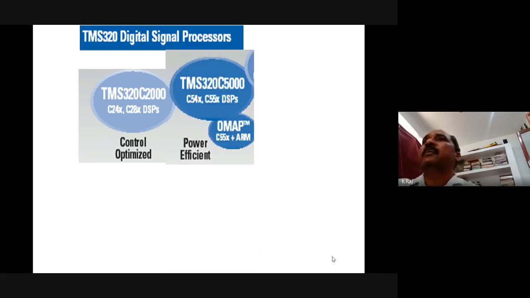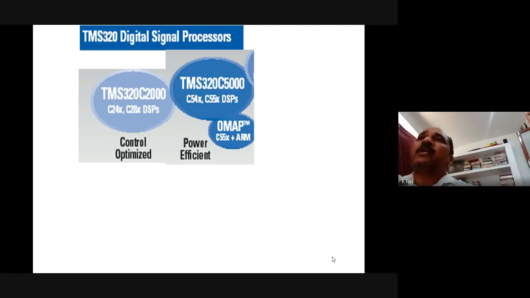In the second generation, there is the TMS320C5000 series, having the C54X and C55X DSP processors, along with some extended instructions and a version of the OMAP, that is the C55X.